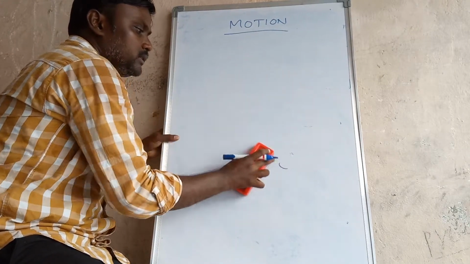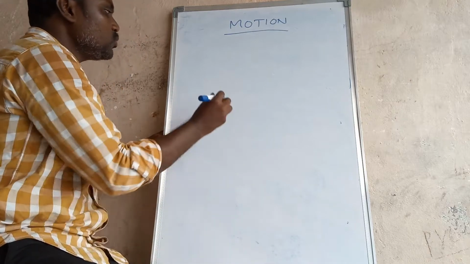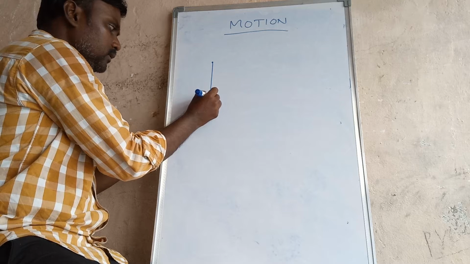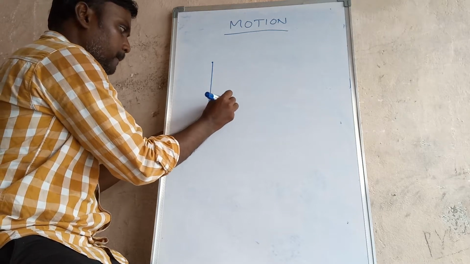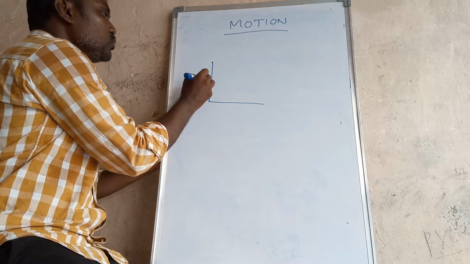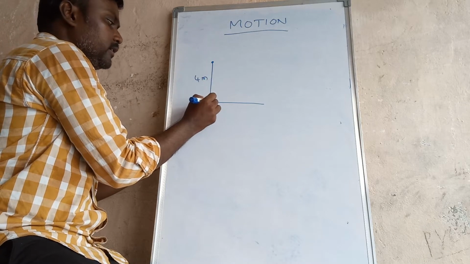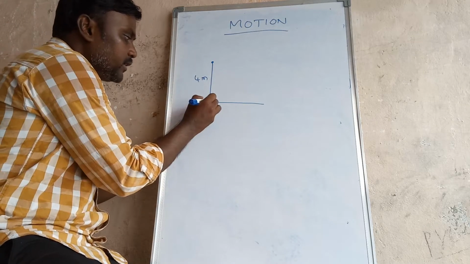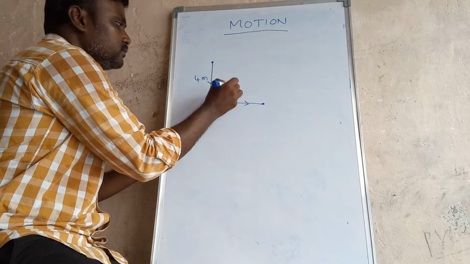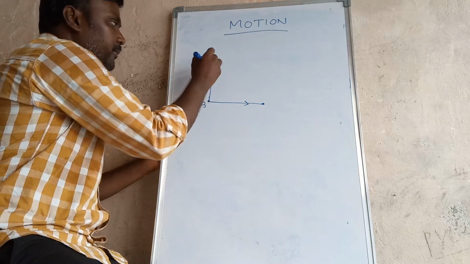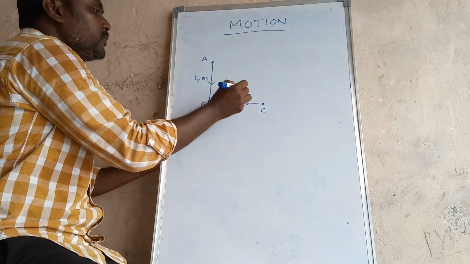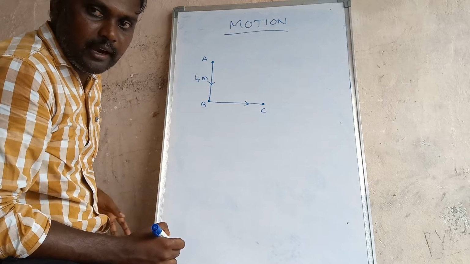And now the next one. Suppose a person is moving from here. You walk 4 meters from here to here, and from here to here again you walk. Let me name it: from A to B you moved, and from B to C. This is your initial position and this is your final position, the target.